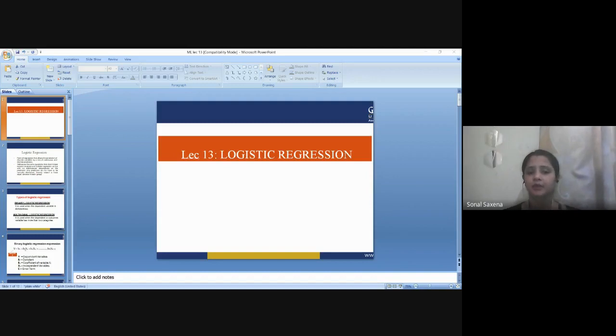A problem can also be finding out the development of obesity in a patient based on his daily habits and dietary choices. And there is one problem we have seen earlier also, where we find the probability of an email being classified as spam or not. So these are some of the problem scenarios where logistic regression can work.